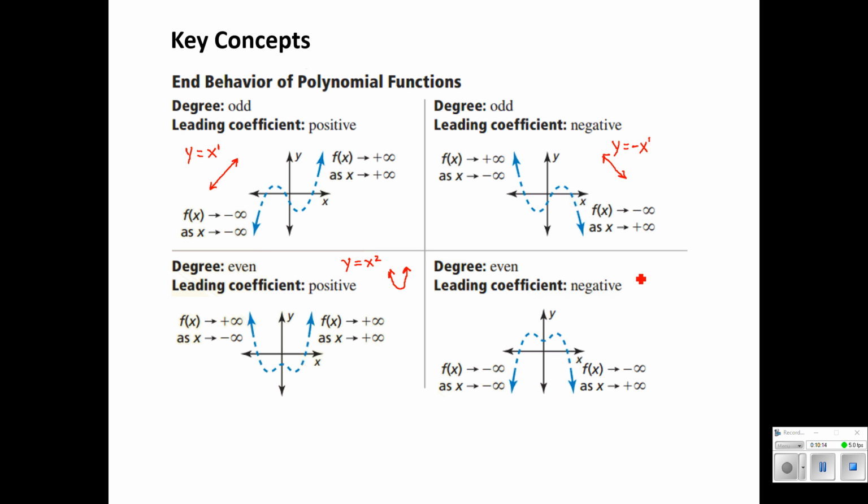All right, and likewise, an even degree with a negative leading coefficient, that's like y equals negative x squared. The vertical flip is applied. Now my height is decreasing as x goes to the left, and my height is decreasing as x goes to the right. All right, so just some things to keep in mind. These are all patterns that help us understand how the graph behaves.